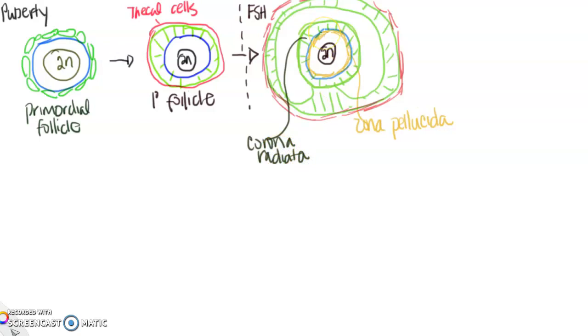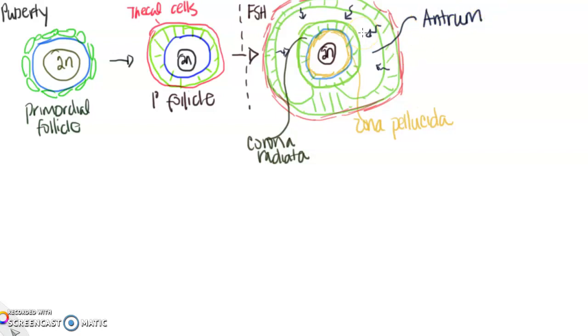Okay, so these granulosa cells, I made this space right here because these granulosa cells are starting to make fluid, follicular fluid, and it expands into this space. This space here becomes the antrum.